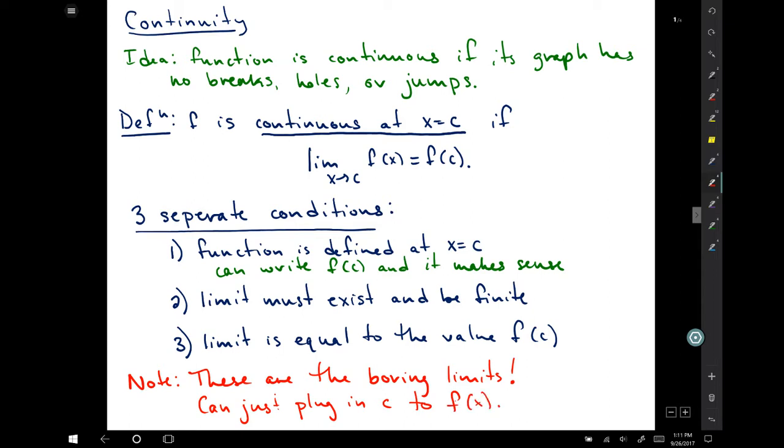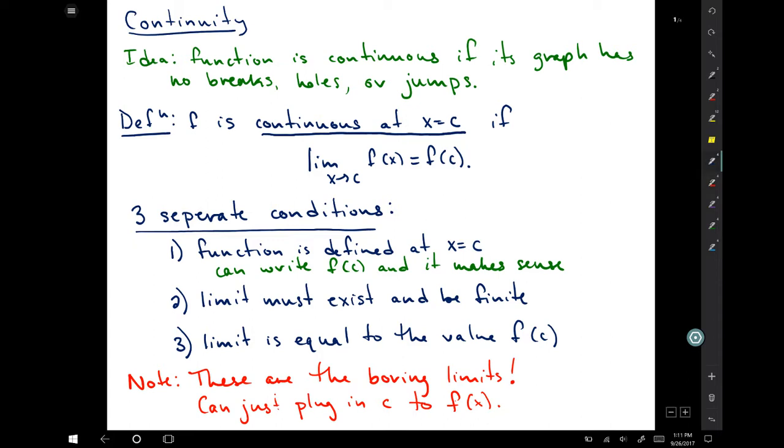There's nothing interesting going on. If you want to know what the limit's equal to, you just plug it into the function and you get the right thing. So, in a sense, a function being continuous at a point means that there's nothing interesting going on at that point. There's no breaks, there's no holes, there's no jumps.